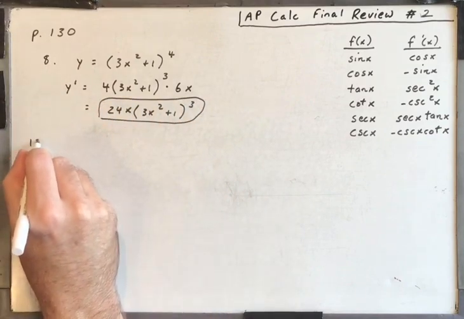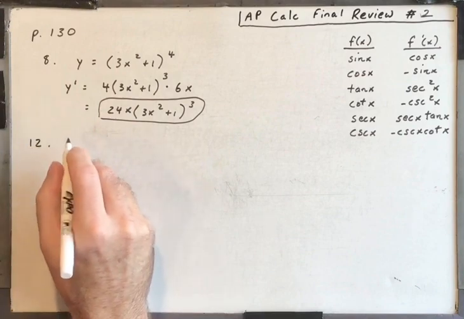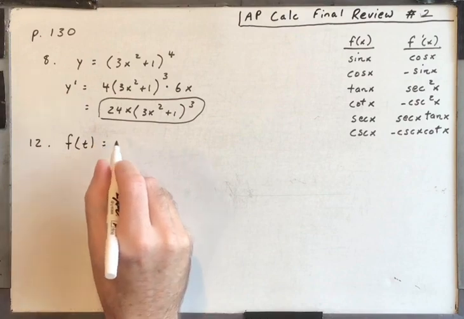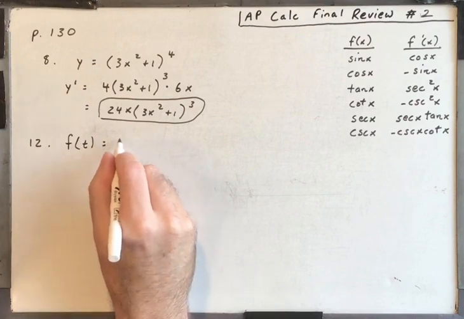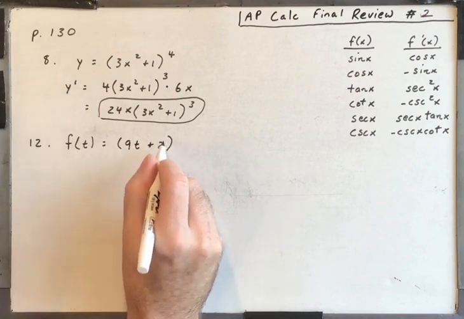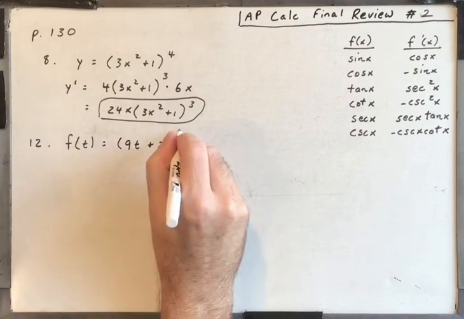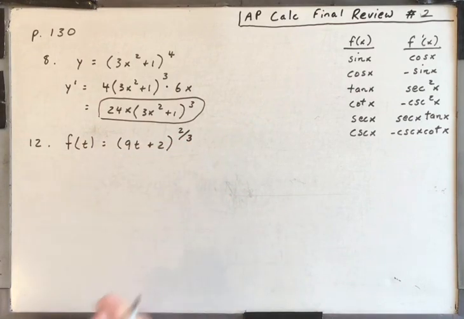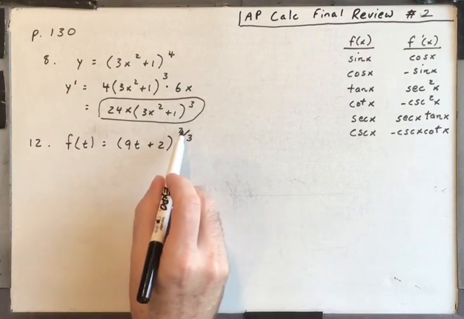Great, let's do number 12. So number 12, f of t is equal to 9t plus 2 to the 2/3 power. All right, it may be written in the book as cube root of 9t plus 2 squared.